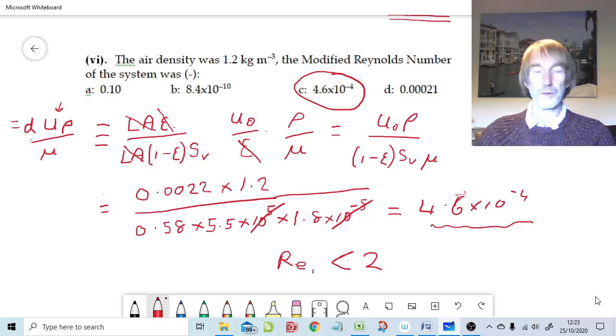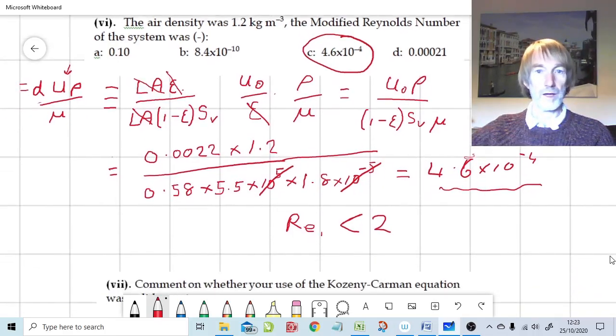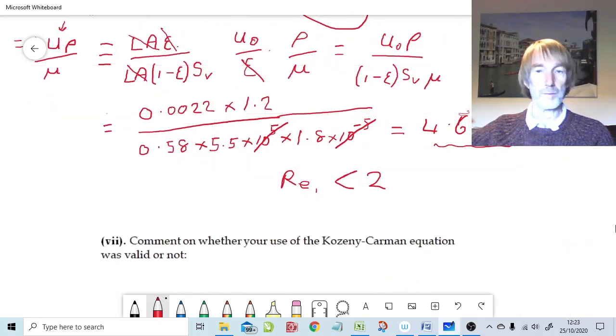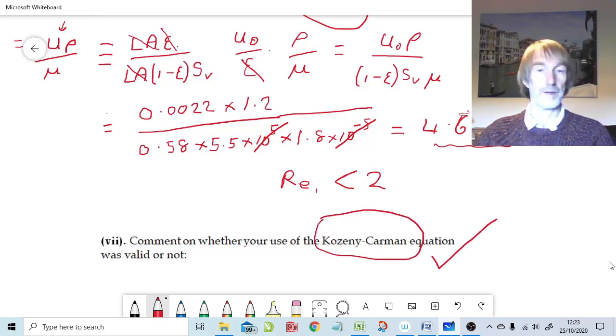And the consequence of that is that we have used an appropriate equation for laminar flow in order to calculate our specific surface area and thereby the Sauter mean diameter. So the Kozeny-Carman equation is valid in our calculation.